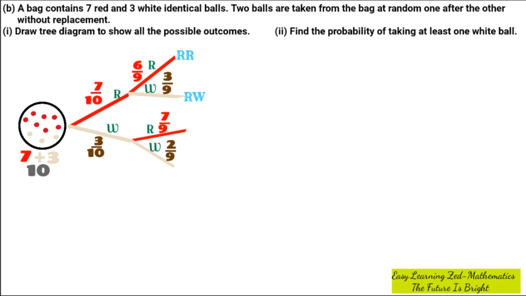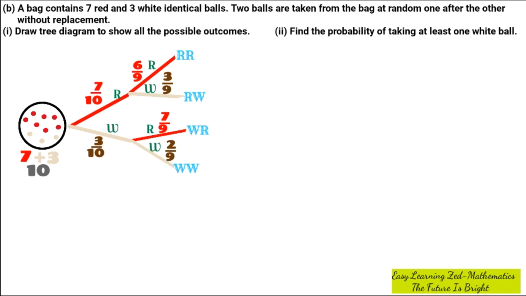And then here it is white. At first you picked a white, second you picked a red, so it's going to be WR. And now the one down, we're going to use it as white. You have picked white balls all the time.